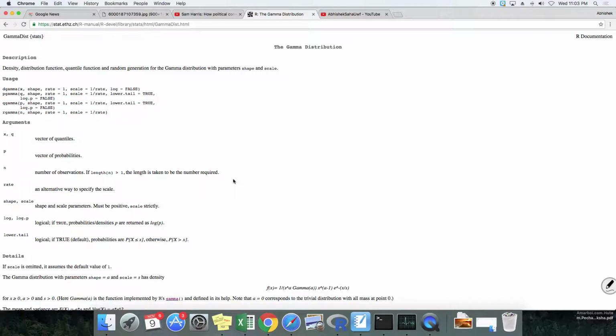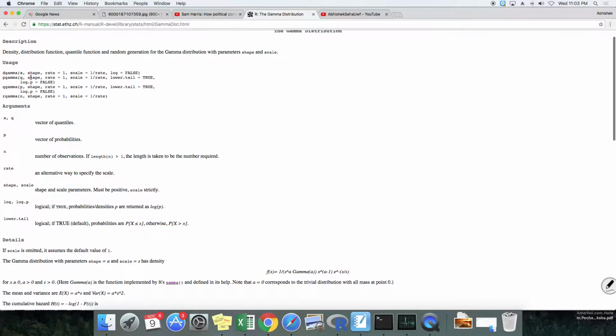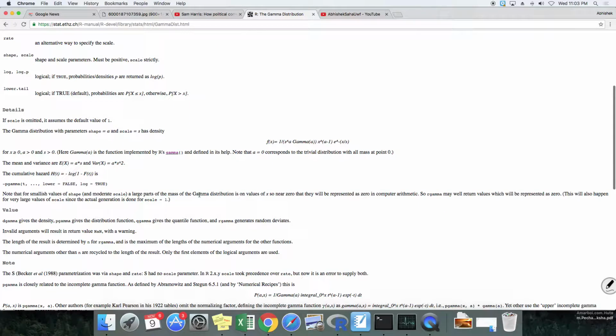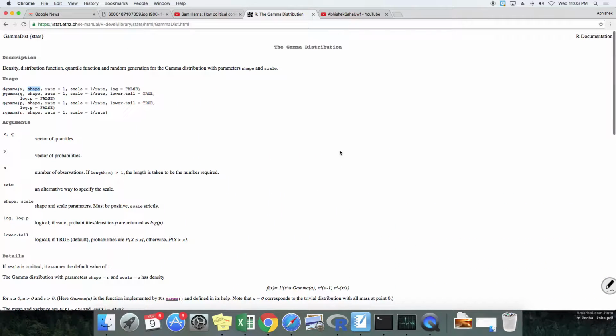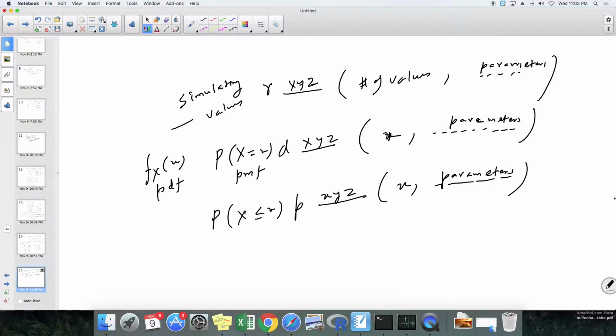For gamma, I want to mention how we write it. For us, it's gamma with alpha comma beta, where alpha is the shape and beta is the scale.